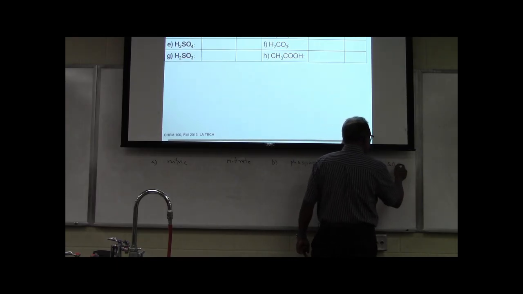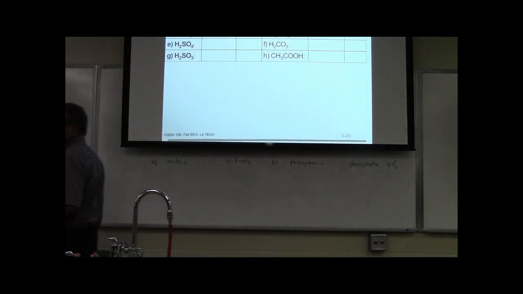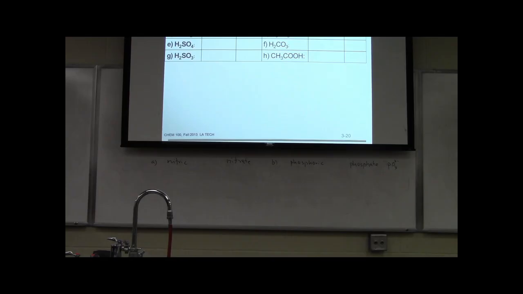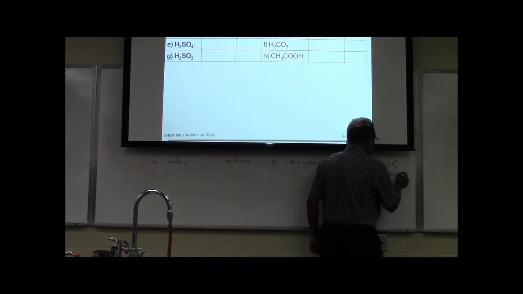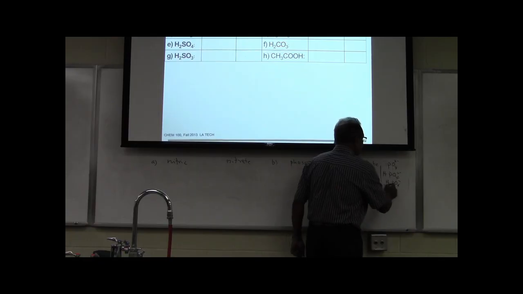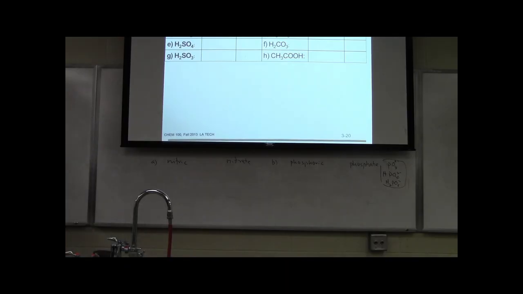Now, when you have more than one ion, phosphoric has 3 acidic protons. You can have 3 ions. Phosphate, what is the other one? Hydrogen phosphate, dihydrogen phosphate. You see, there are 3 ions. Phosphate is when you remove all the hydrogen.